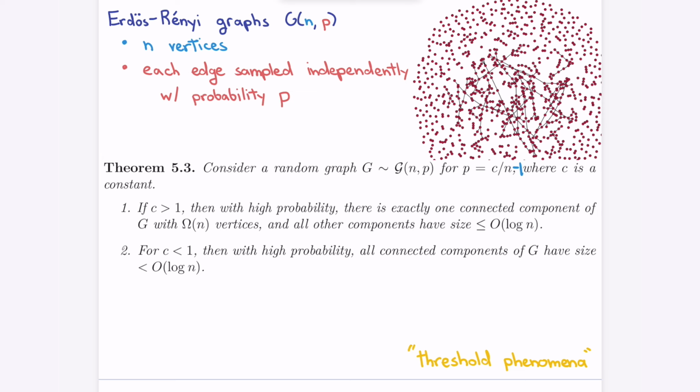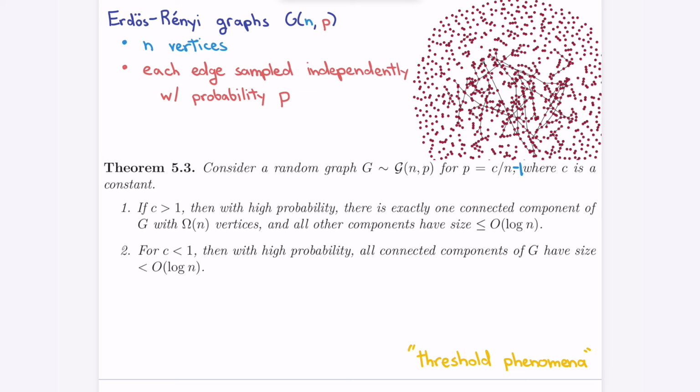And all the other connected components are going to have at most log n vertices. So as soon as c becomes anything bigger than one, you get one giant component with a bunch of small ones. And if c is any constant less than 1, like 0.99999, all the connected components will be small. They'll all have at most log n vertices.